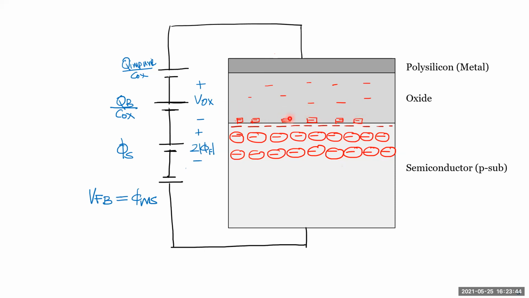If you have ever had a bad amplifier or bad phones and heard a hissing sound like shh, it's mostly because of these trapped charges. And that's the voltage which is required to invert the channel.